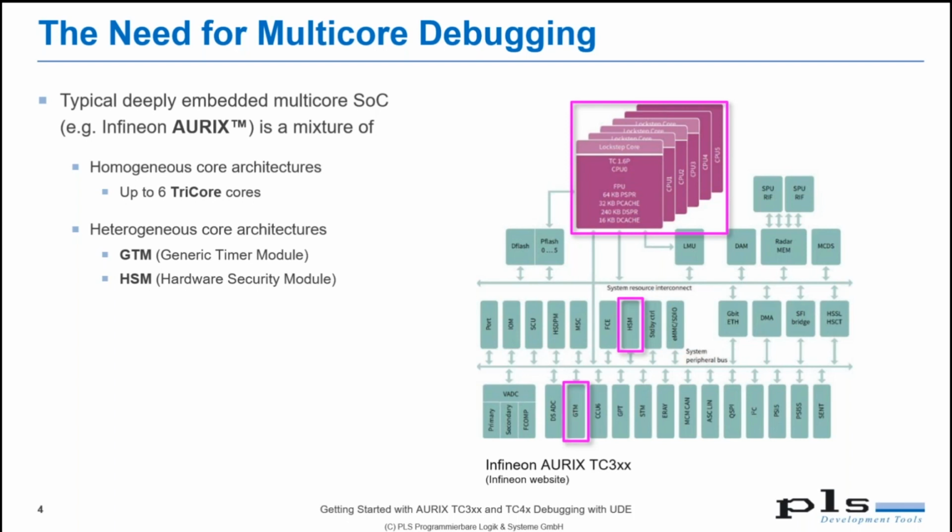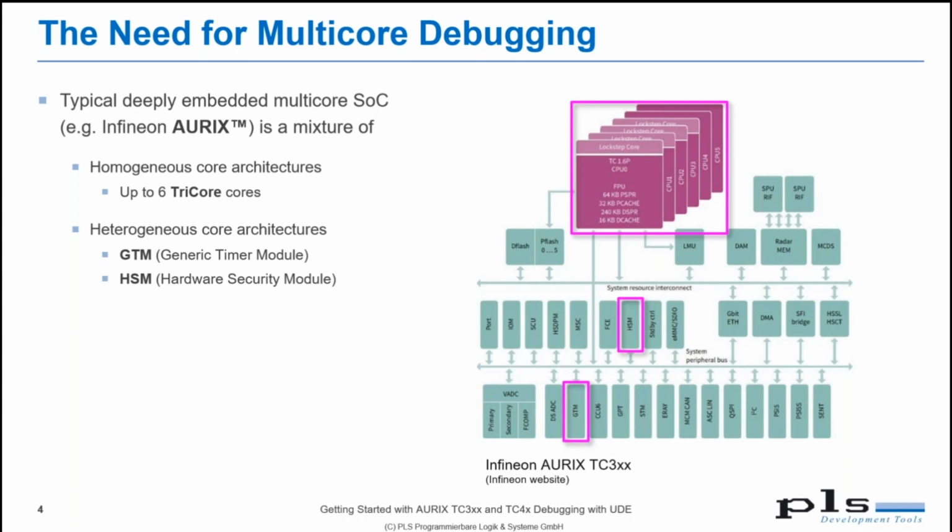These kinds of microcontrollers address application domains which need real-time capabilities and also safety features. The AURIX itself is a typical automotive controller, but it is also used in industrial applications.